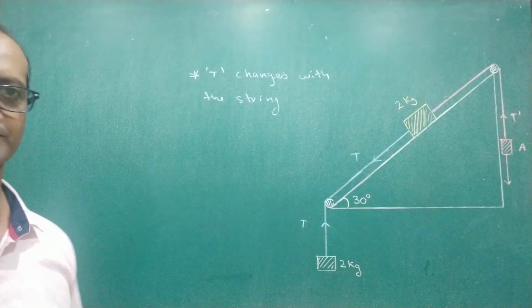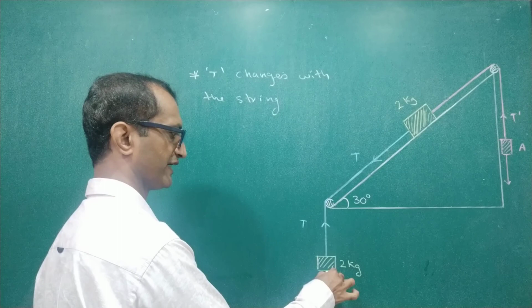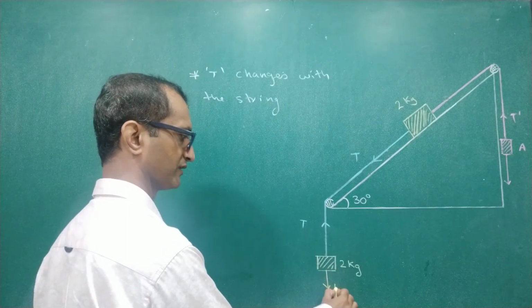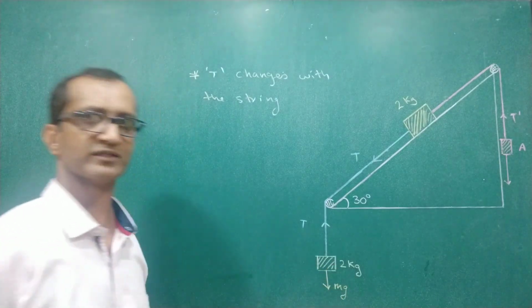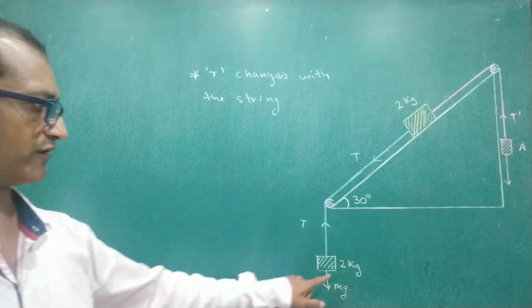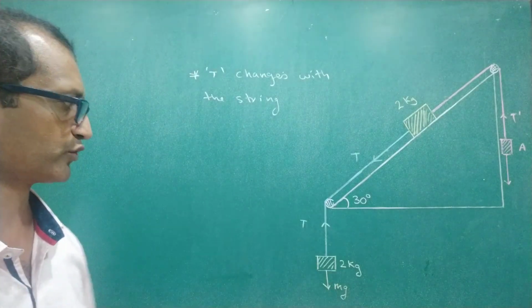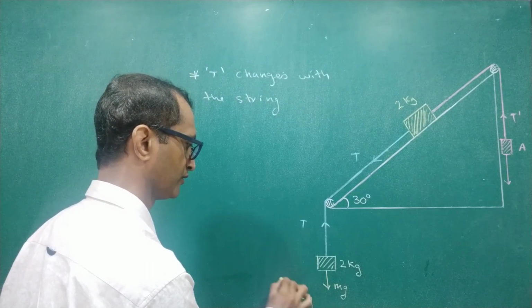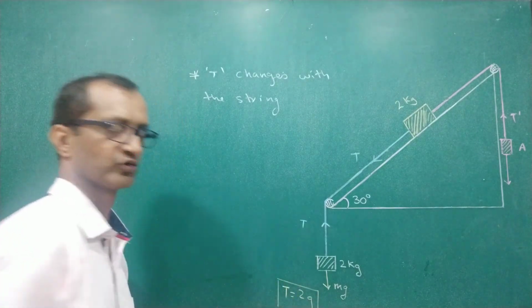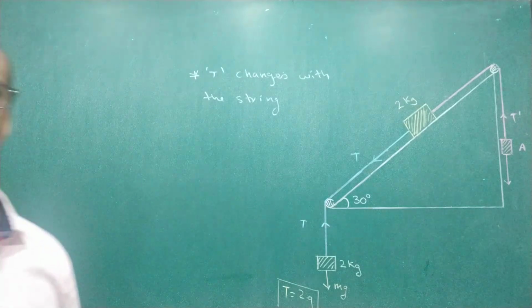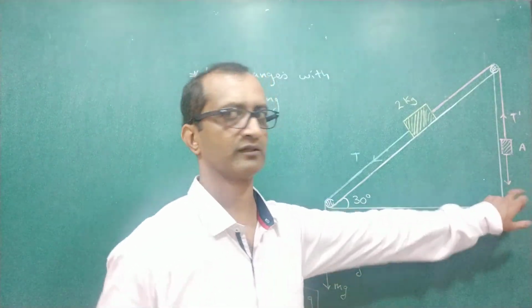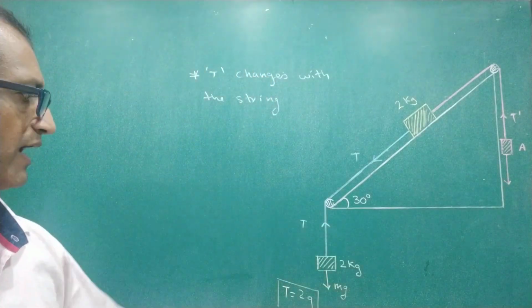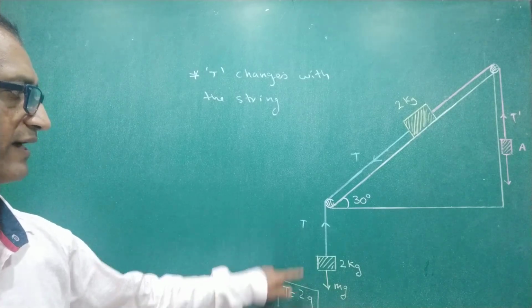So number one, this tension T is balanced by weight mg. But as we know, the value of m in this case is 2 kg. So the value of T would be 2g. Now the 2 kg mass over here was balanced by this tension.